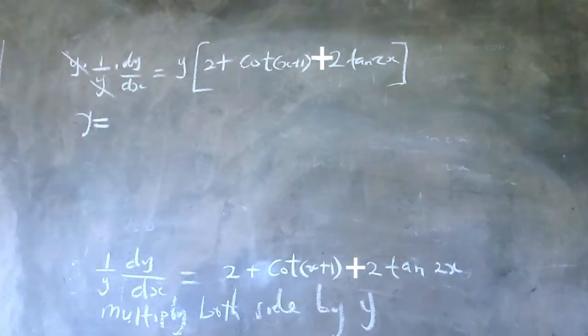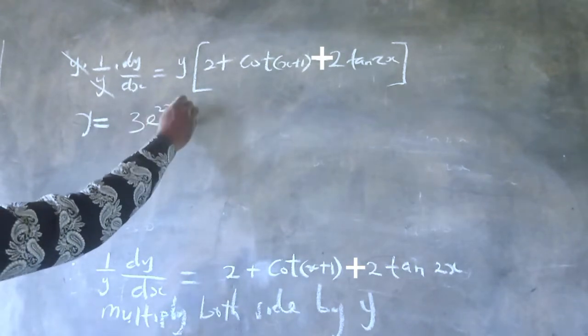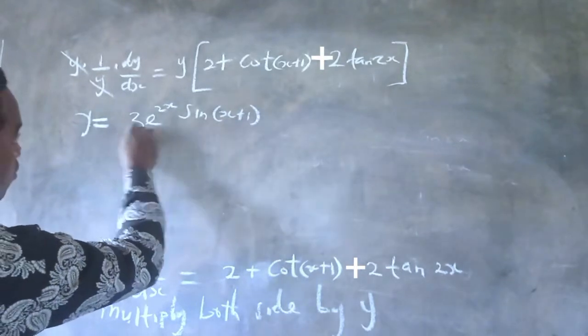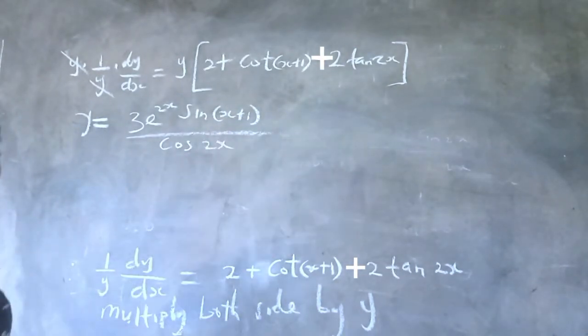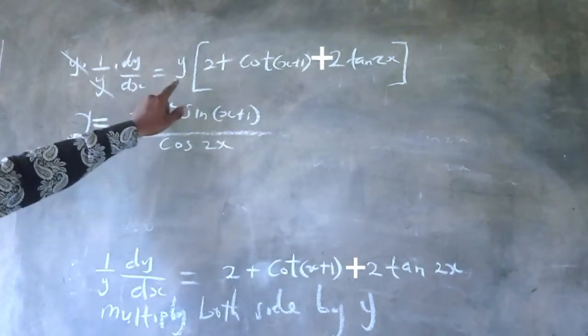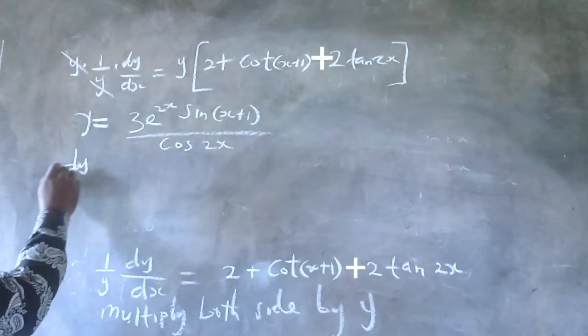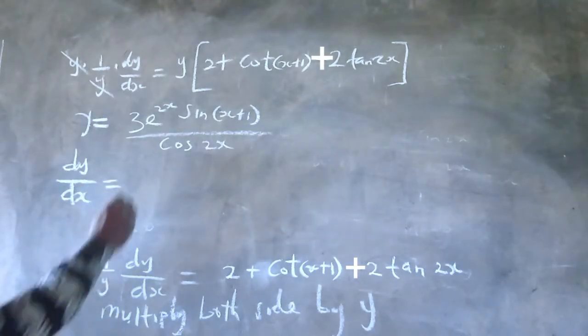So we have the expression, but first of all, let's recap. What is our y? So if you are keeping notes, you remember our y equals 3e raised to the power 2x times sine x plus 1 all over cos 2x. So let us go on and plug in the y into the expression for dy/dx.